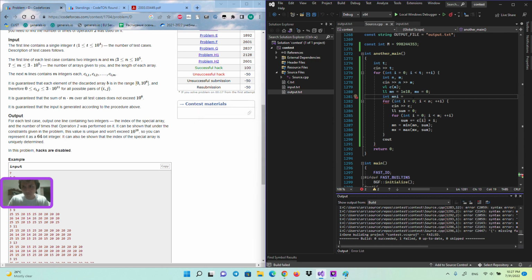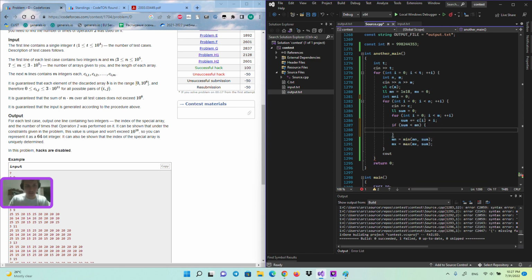So if sum is less than mn, then we take mn equals sum and mini equals i.